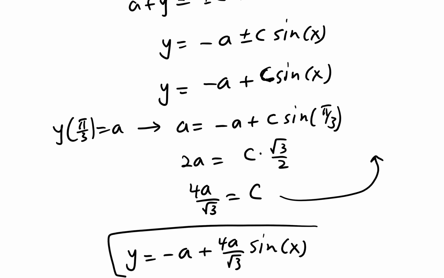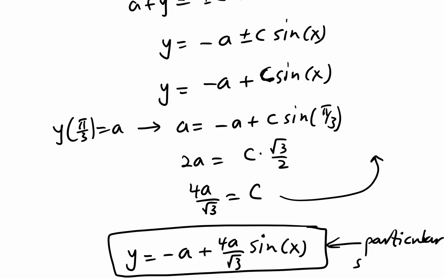Notice if you go back to the question, it says find a solution, like a single solution. That's a single solution. If you leave the c, you get infinitely many. We call that the general solution. So this is called the particular solution.